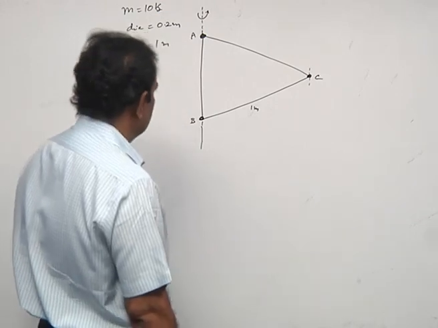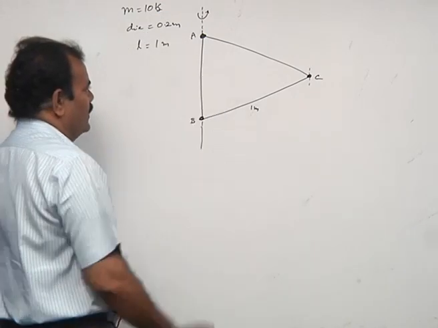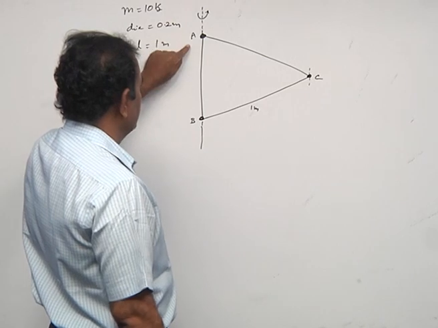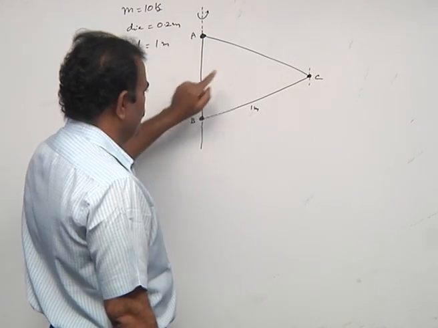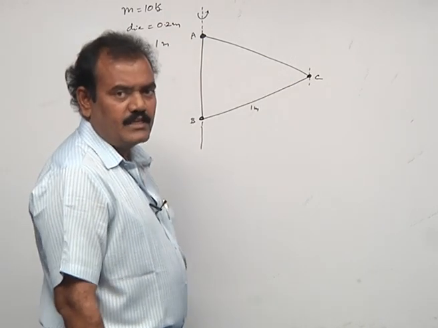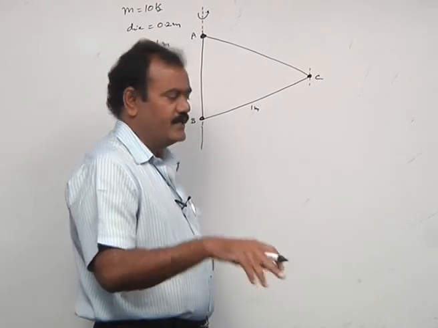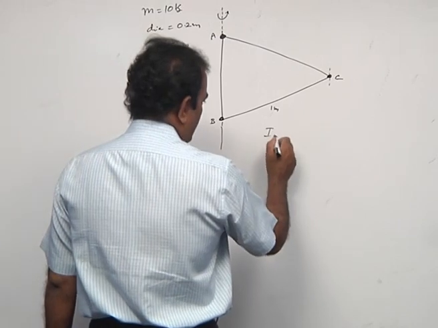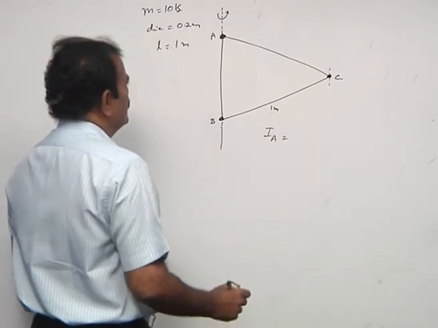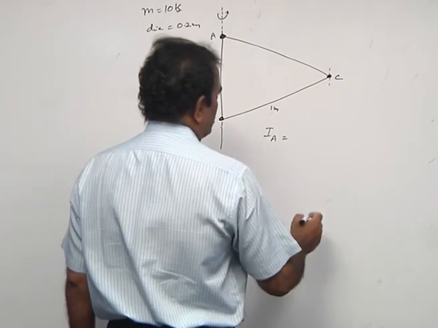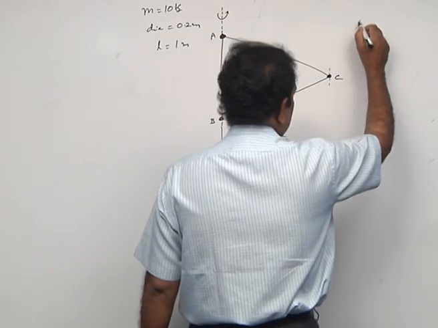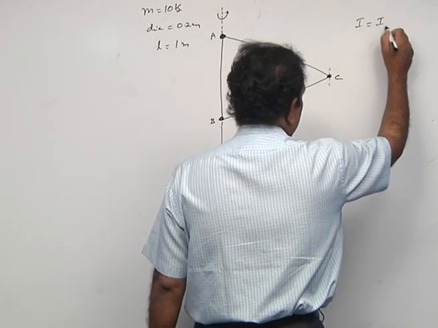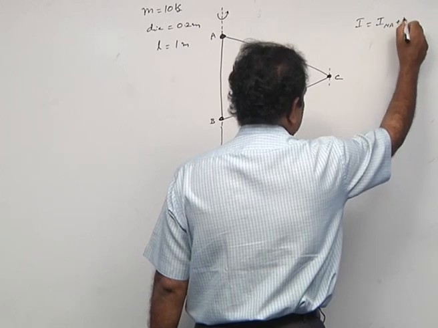And here also, just like in the previous problem, we are finding the moment of inertia of each one, that is IA, then IB, and after that IC. That will be the total moment of inertia of that entire frame. Now IA is to be taken. For that IA, we are applying the parallel axis theorem. Already you know that the parallel axis theorem is I is equal to I_NA plus MR square.